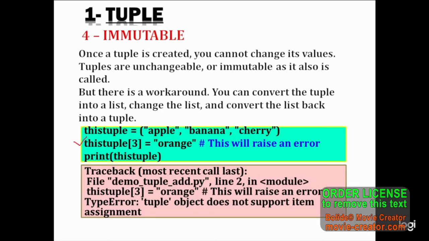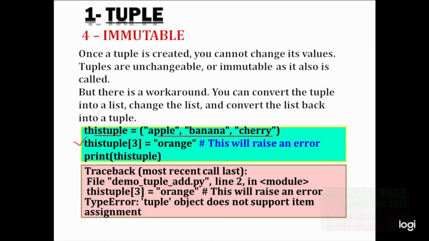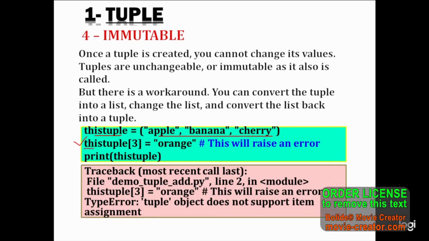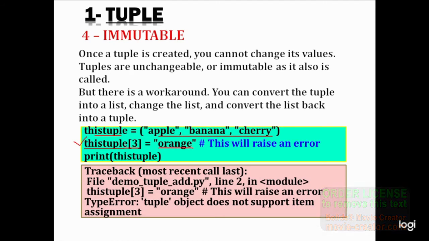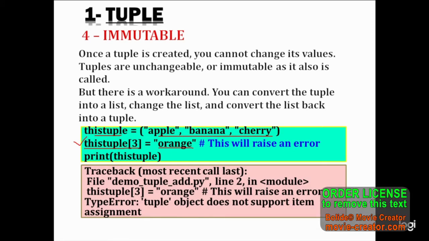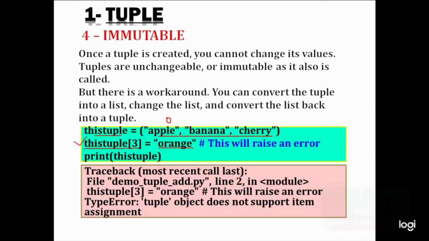Here an example is given. Tuple name, tuple items. This tuple, index number 3, and the instruction is given to store orange in place of the third index number. Let's see the indexing 0, 1, 2.